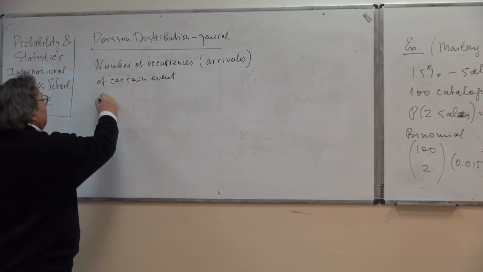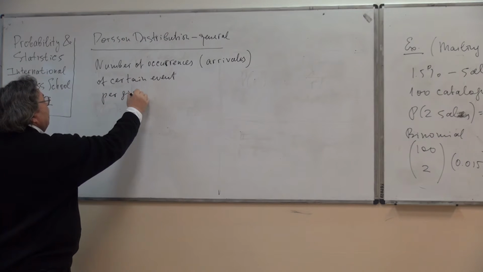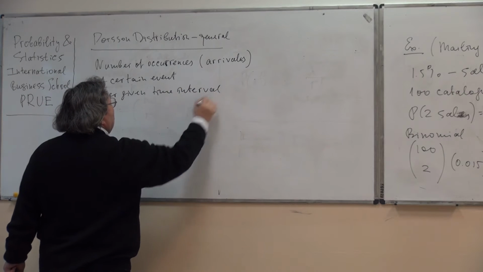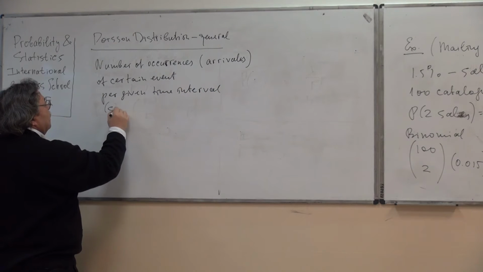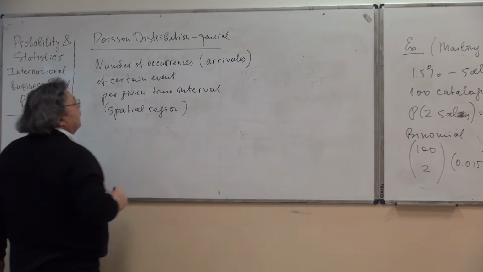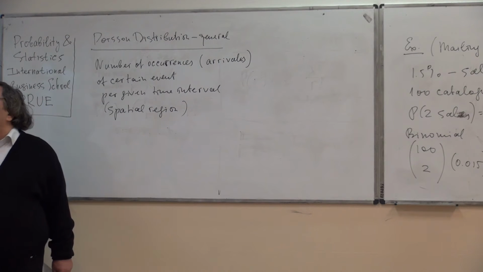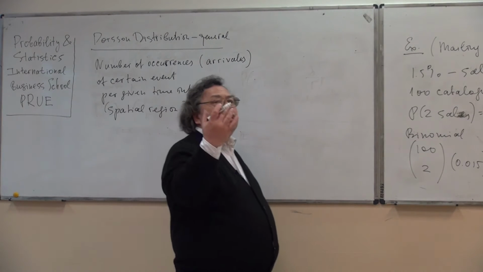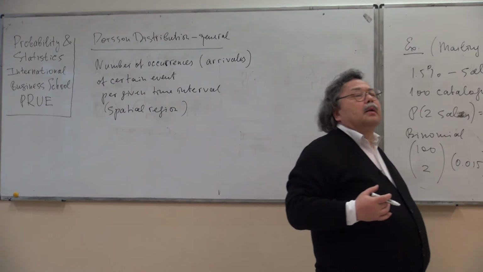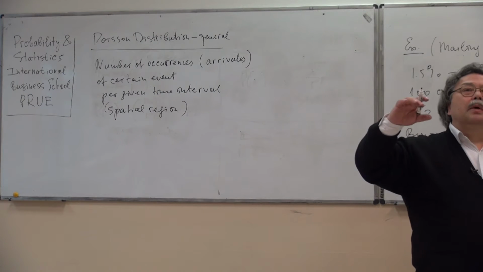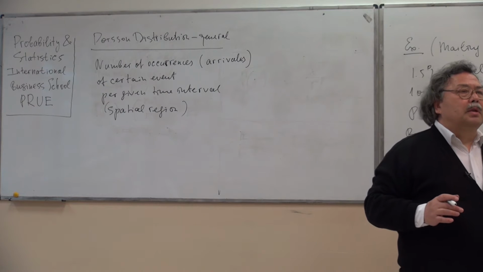The number of occurrences or arrivals of a certain event per given time interval or spatial region. Okay. Well, typically, the events that we register, that we observe, may come from any of a great number of different sources.